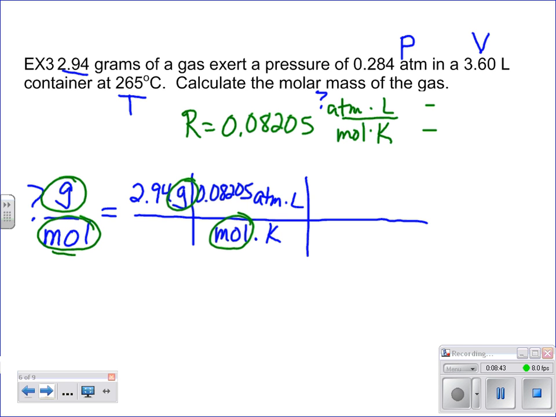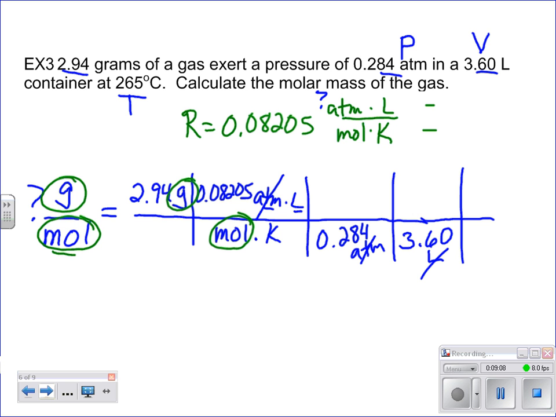So I read through. First thing I come to is my atmospheres. Here I've got it in the numerator, so I put it in the denominator. So atmospheres is gone. I see some liters. Over here it's in the numerator, so again, I need to put it in the denominator so that it cancels.